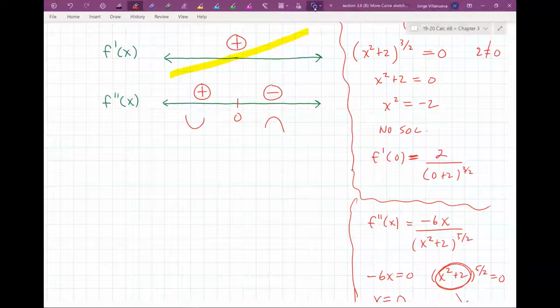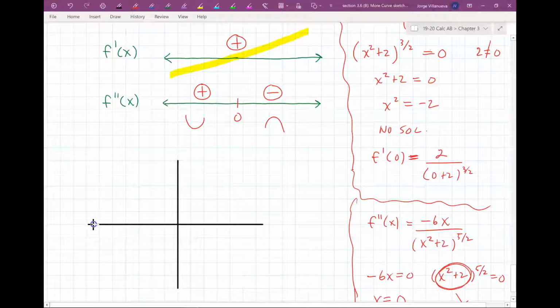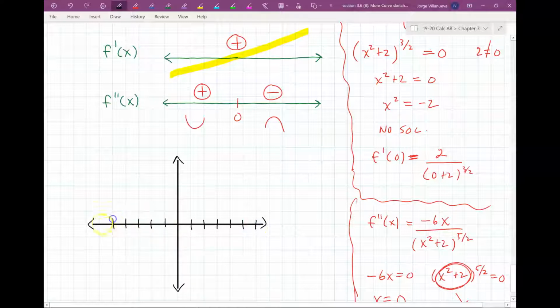So let's graph this thing. Now I'm going to go where every tick mark is a half, okay? So in other words, the ones will be like up here, right there, okay? I'm going by halves. I want the graph to come out kind of nice looking.